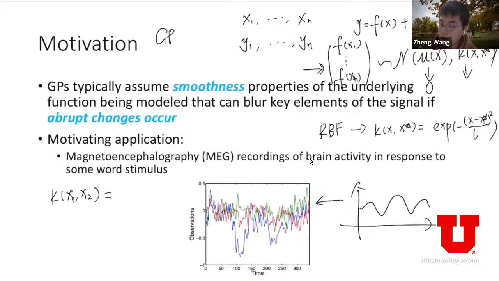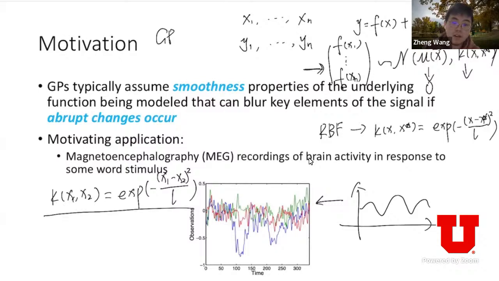If the result is only related to the relative distance between these two inputs, like the RBF function, it is just some function of their Euclidean distance. So this kind of covariance function is called a stationary function, which is only related to their relative distance.